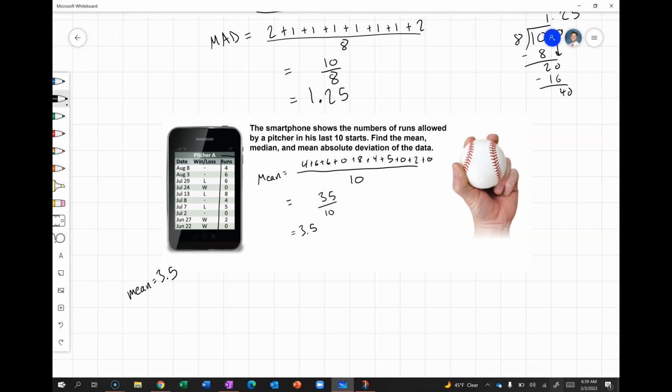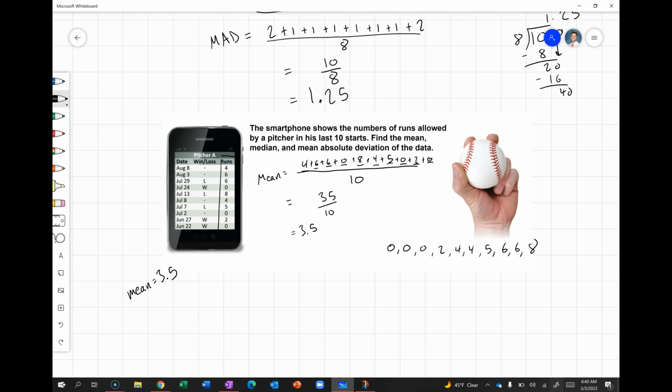Our median, if we write these in order from least to greatest, we've got 3 zeros, followed by a 2. And we have 2 4s, a 5, 2 6s, and an 8.